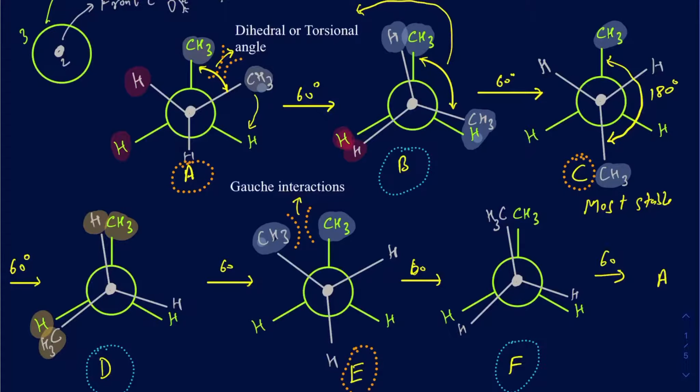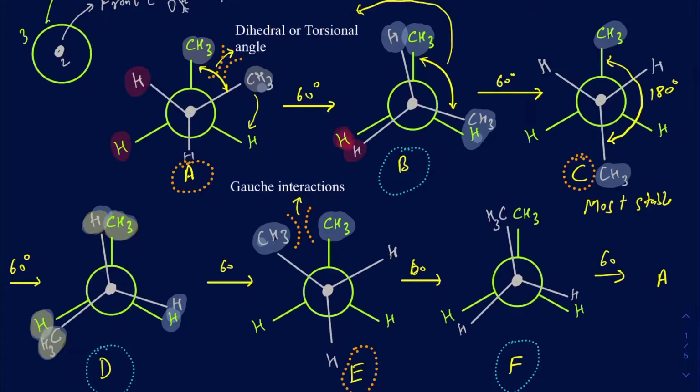When you're looking at the Gauche conformations, you're only going to have the Gauche interactions. You're not going to have a torsional strain, or you're going to have a minimum torsional strain in those cases. And when I compare this with the D, what's going to be the difference in the interactions between the B and the D? Well, turns out we have two methyl and hydrogen interactions, and then one hydrogen-hydrogen interaction in case of D as well.